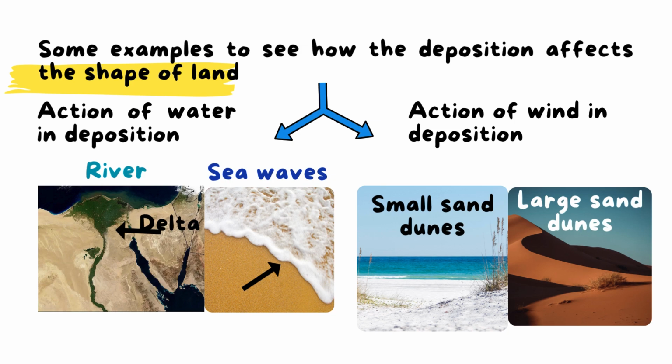Also, in the action of the wind in deposition, it can form small sand dunes if the wind is not strong, and if the wind is strong, it can form large sand dunes, and these have a different shape from the other land. Now we will talk about them in some detail.